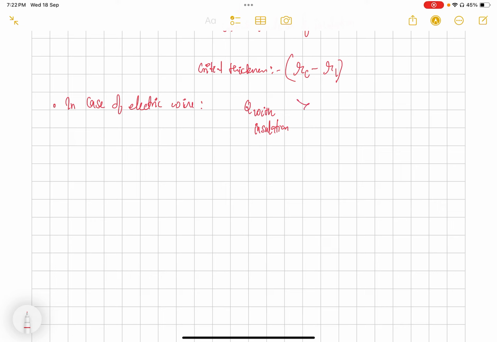So Q with insulation must be more than without insulation. And in the case of a steam pipe, we need the heat transfer with insulation to be less than the heat transfer without insulation. So heat transfer must decrease when we are increasing the insulation.